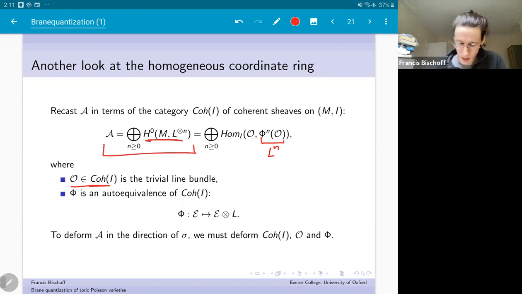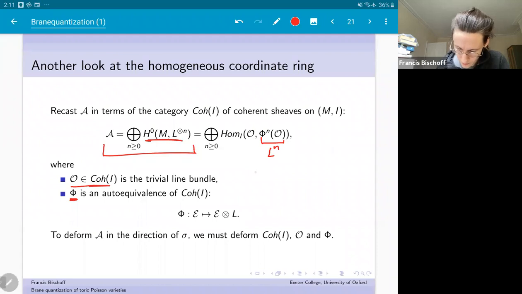So this gives us the homogeneous coordinate ring, and in this formulation, the product on the algebra is given by composition of homomorphisms, but where we have to use this autoequivalence to shift the domain of a map.